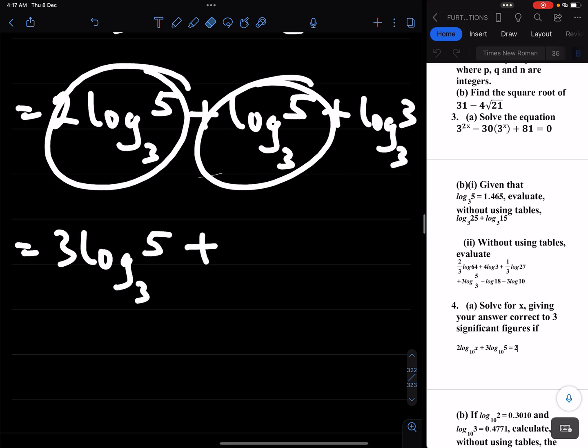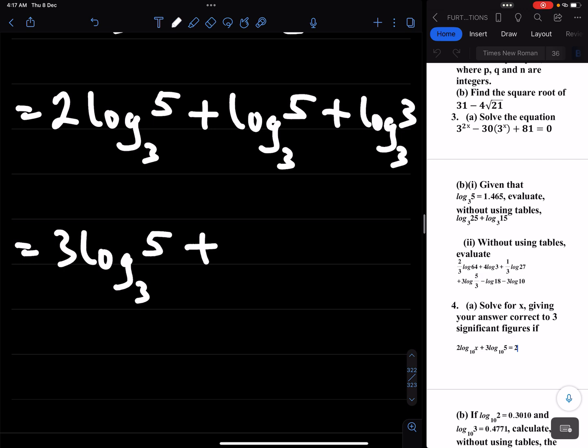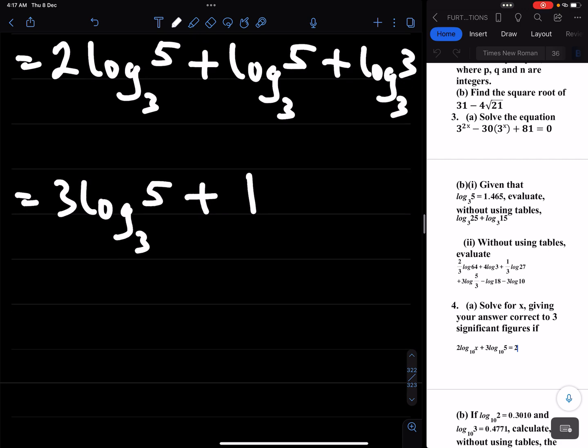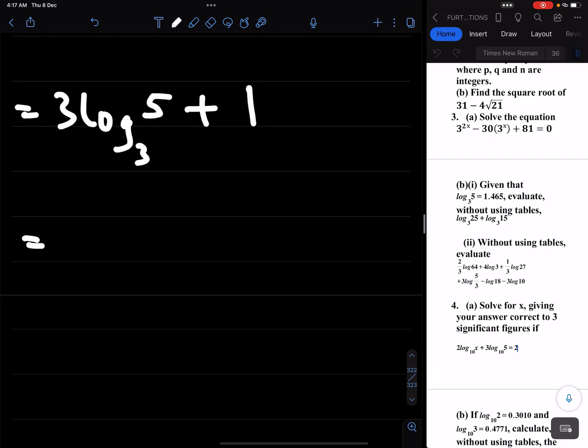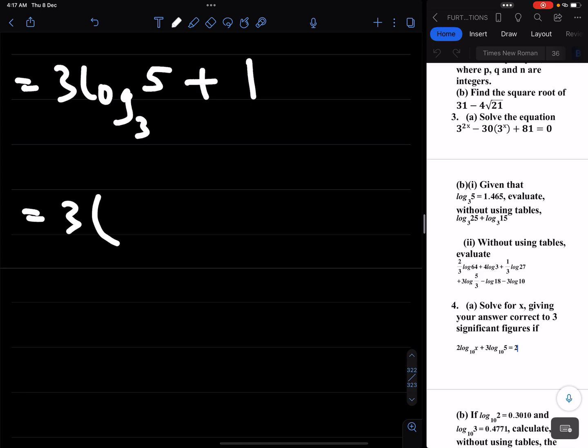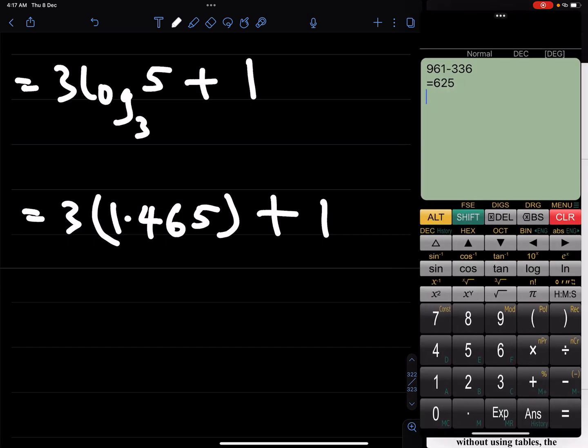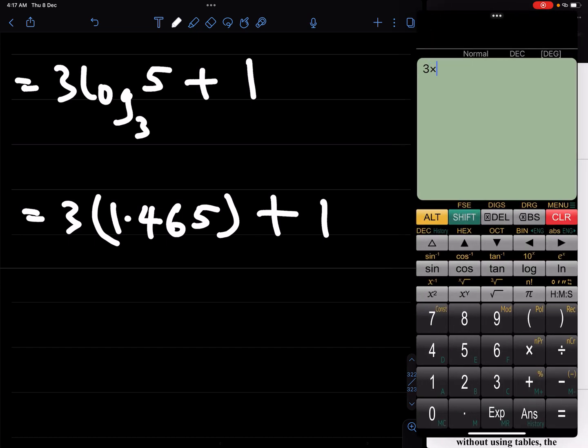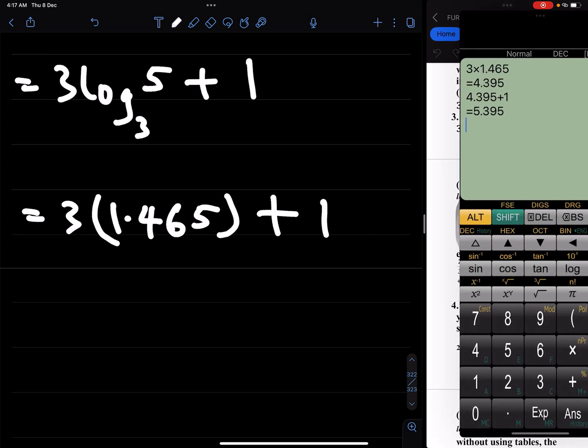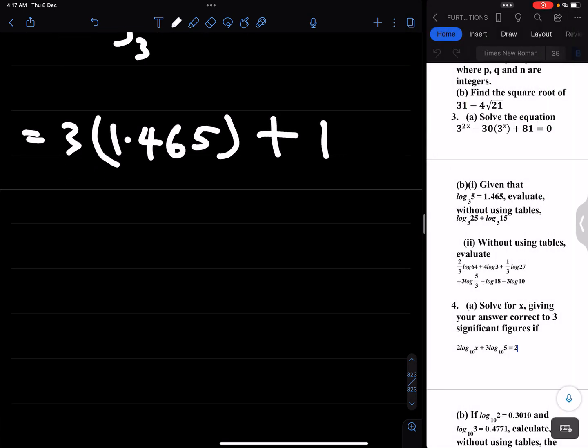plus, and I know that log 3 base 3 is the same as 1, so I can just write 1. So that simply means 3 times 1.465 plus 1, and that's 5.395.